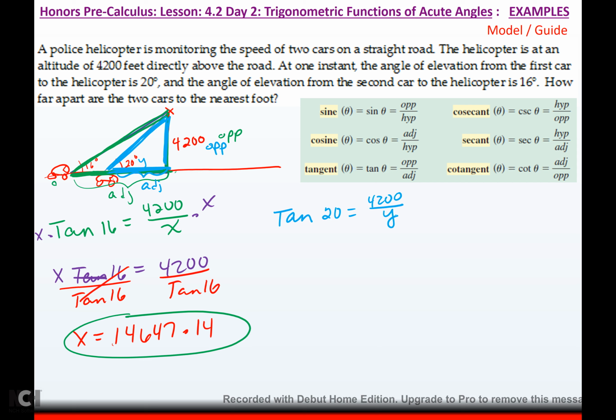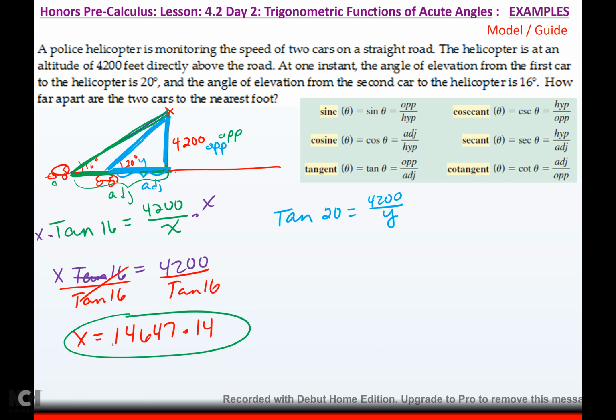So I would do sine 30 equals 16 over x. And now to solve for x, I'm going to multiply by x. That gives me x times sine 30 equals 16. Divide by sine 30, and I get x equals 16 divided by sine 30.